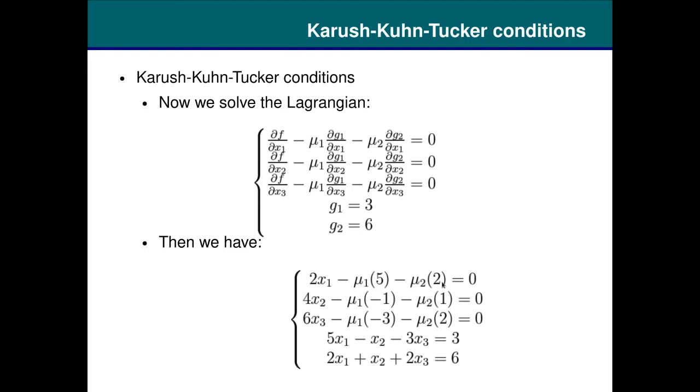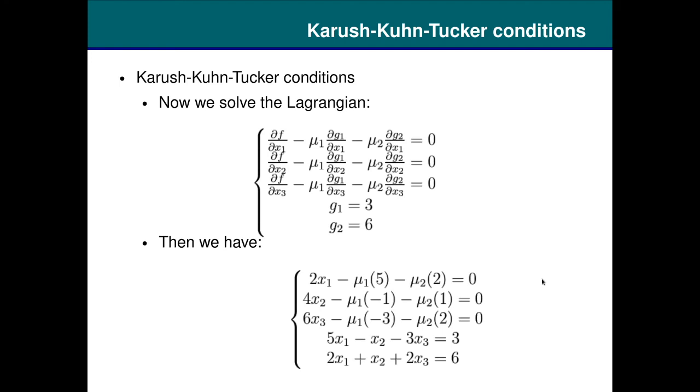If I want to bring these two terms to this side, and these two terms to this side, and these two terms to this side, I'm just making the gradients parallel. Minus sign relates to minimize, plus sign to maximize. So if it's minus here, it's going to be plus on this side. And if it's plus here, it's going to be minus on this side if I'm solving a maximization problem.